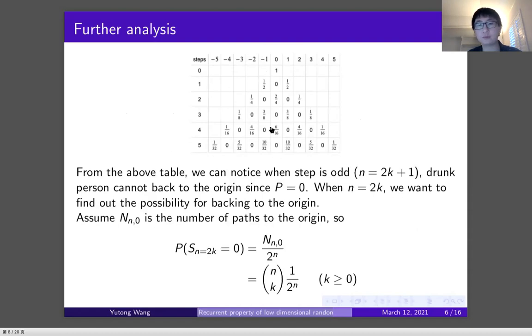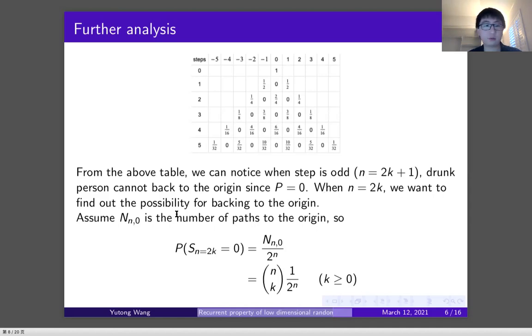So we know when the number of steps n is an odd number, as you see for 1 and for 3 here, the probability for going back to the original point is always 0. So only if n is an even number, which we denote n equal to 2k, we want to find the probability for going back to the original point.